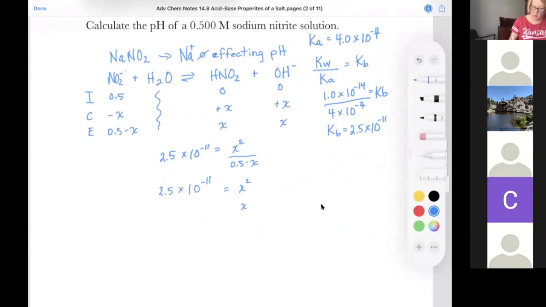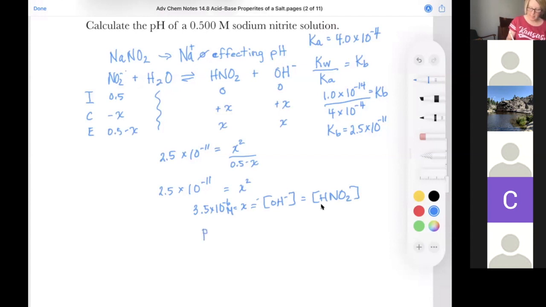So x, which is equal to the OH, but also the concentration of the HNO2, comes out to 3.5 times 10 to the negative 6. It's going to pass the percentage rule because Kb is so tiny, so it's going to be within the 5% rule.